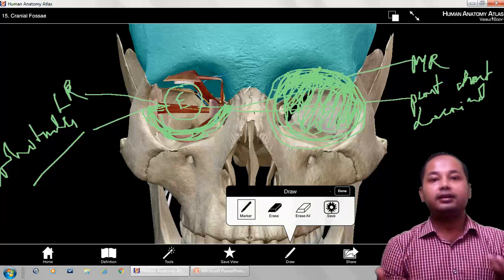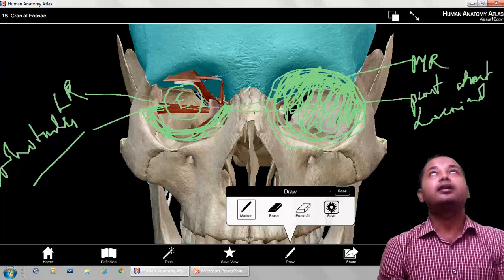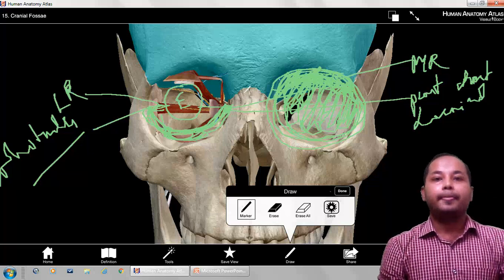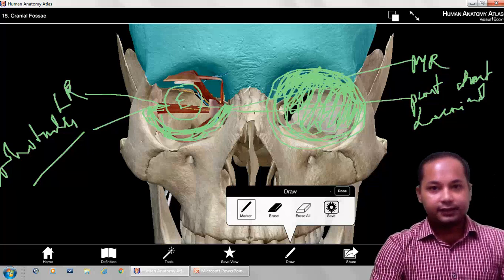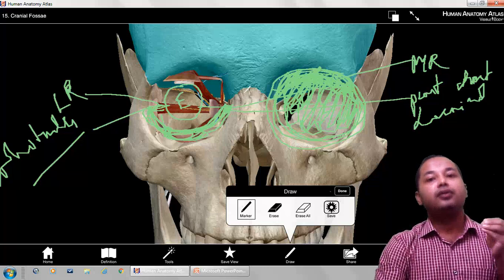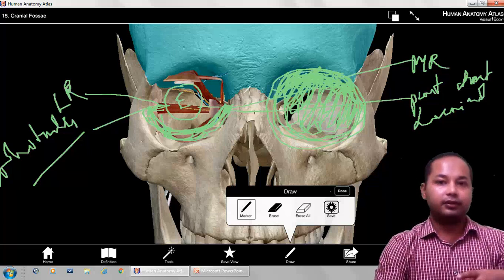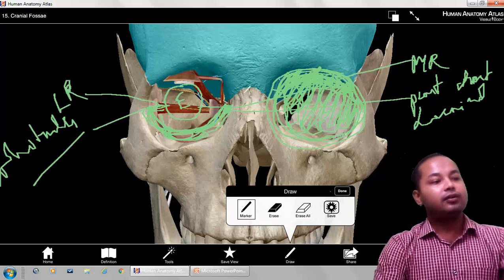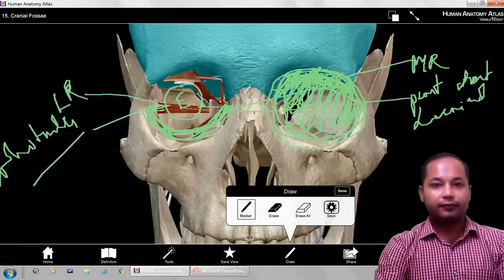It is not that when you are looking up suddenly your eyeball has fallen back. Of course periorbital fat is there, but there is also this attachment which is not allowing the orbit to fall back.